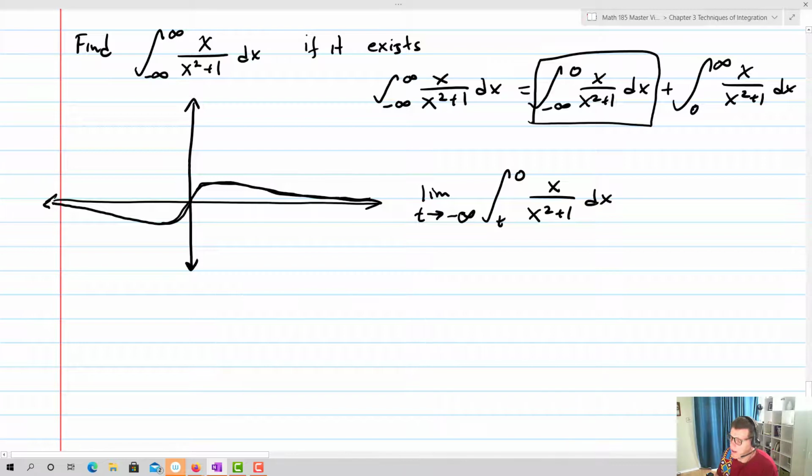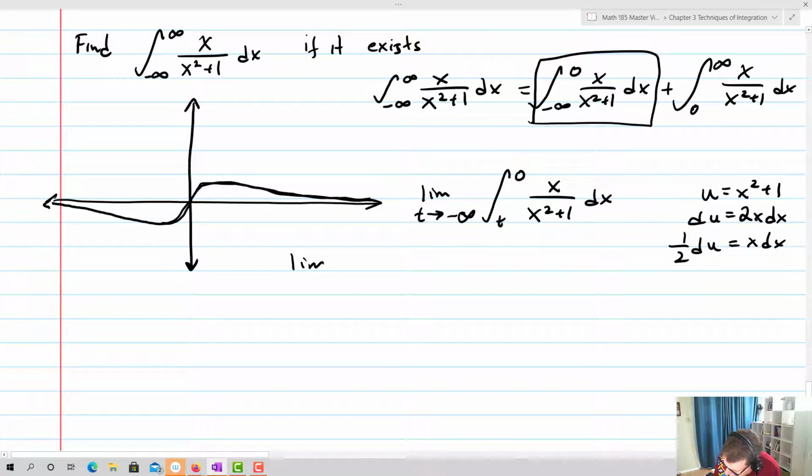Now what I notice here is I've got a u substitution, so I'm going to let u equal x squared plus 1, and du is then going to equal 2x dx. That means that 1/2 du is going to equal x dx. So now what I have here is the limit as t goes to negative infinity of the integral from t to 0 of 1/2 times 1 over u du, okay?